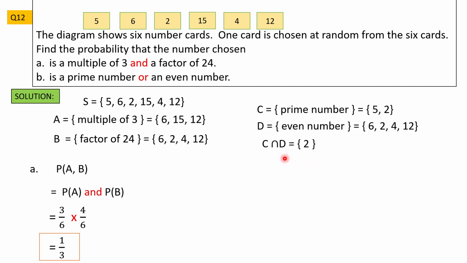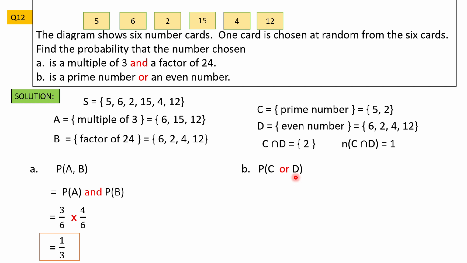Okay, now here we have the intersection between set C and D. That is 2. Therefore, the number of elements for the intersection between C and D equals 1. Now, you are asked to find the probability that the number chosen is a prime number or an even number.